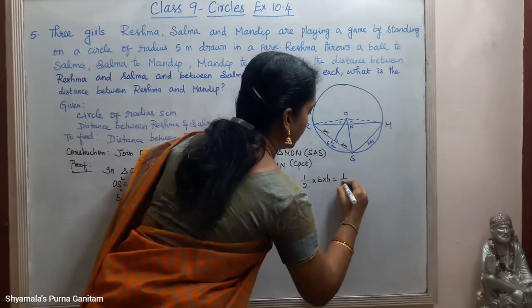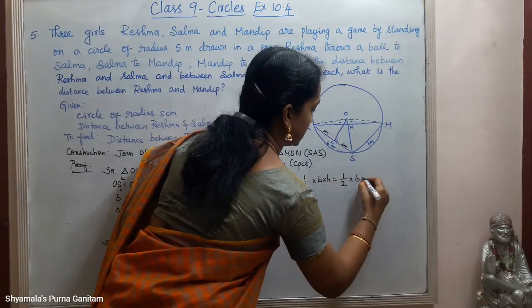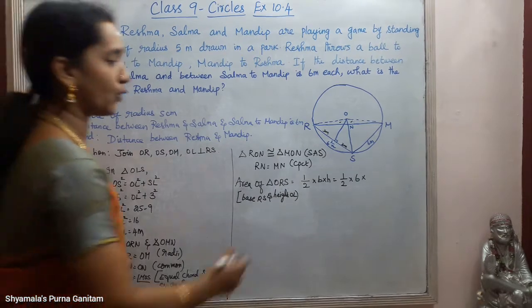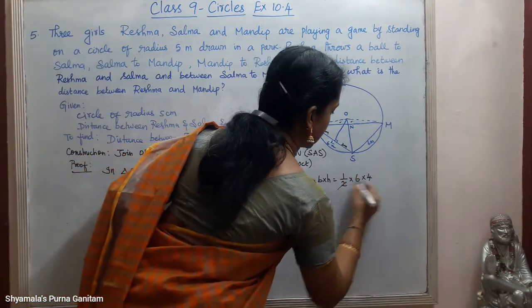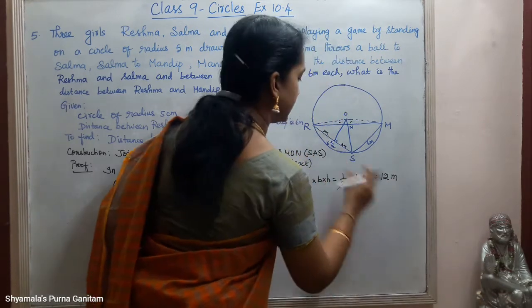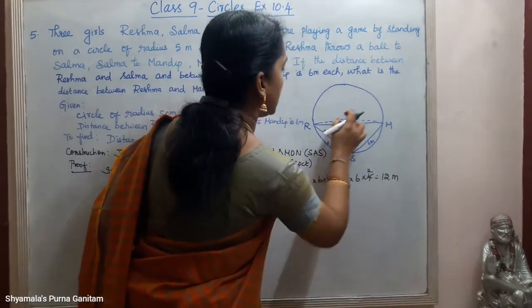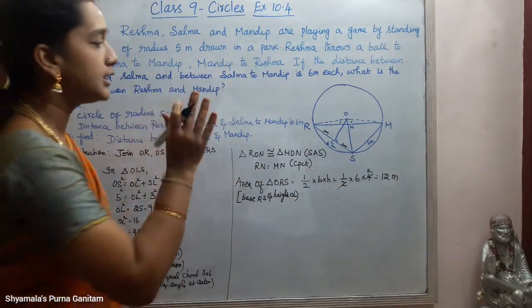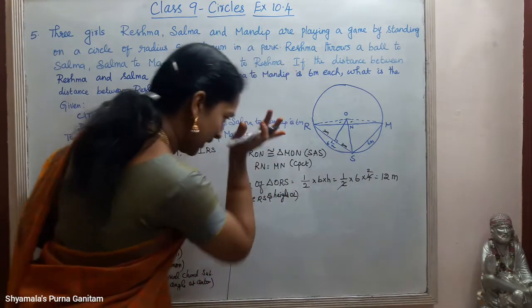That is equal to half into base, which is 6 meter, and height we found as OL, which is 4 meter. So we will get the answer as 12 meter. So the area of triangle ORS is 12 meter. We will keep it as this.